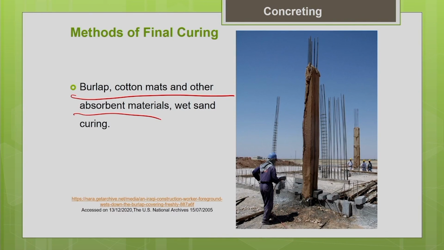But for vertical elements like columns, we can go for water spraying. You can go for wet gunny bags, wet burlap or cotton mats, any absorbent material you can soak in water and put on the surface of the structural element. You can also go for wet sand curing or wet earth curing.